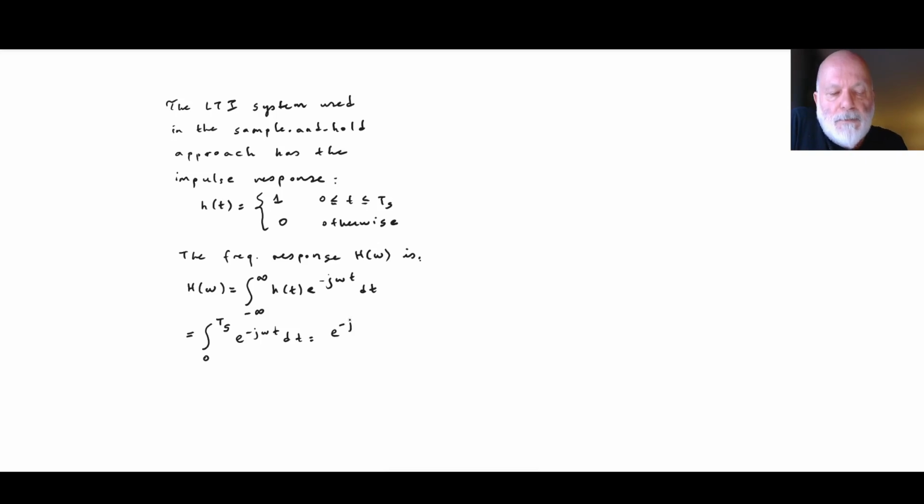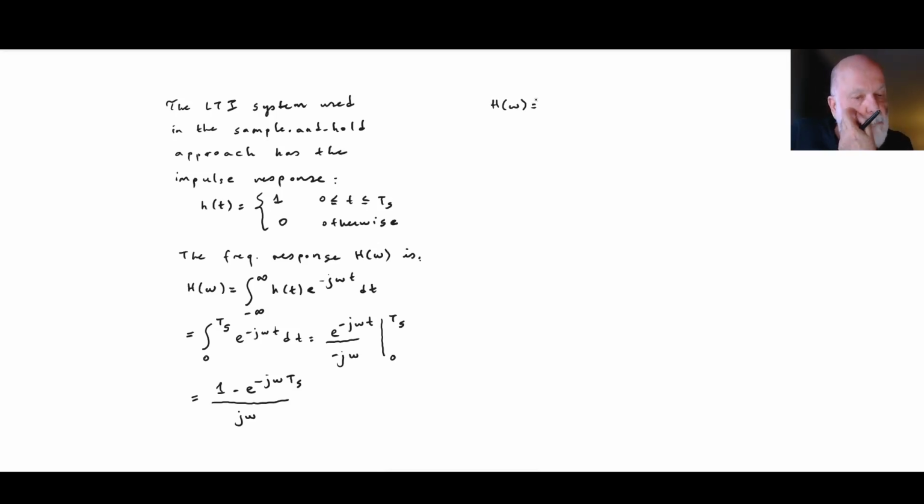So it is e to the minus j omega t divided by minus j omega evaluated at 0 and Ts. So this turns out to be 1 minus e to the minus j omega Ts divided by j omega. So H of omega can be reduced to the following form.